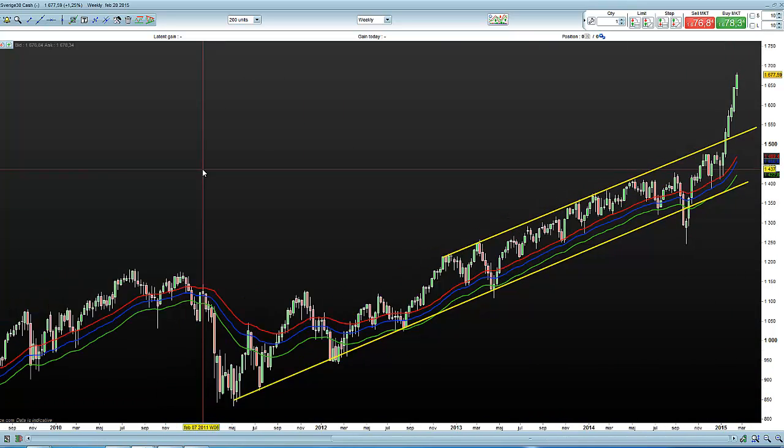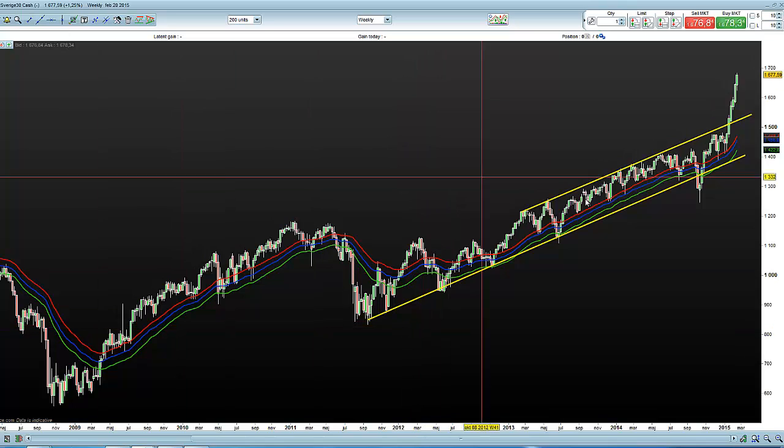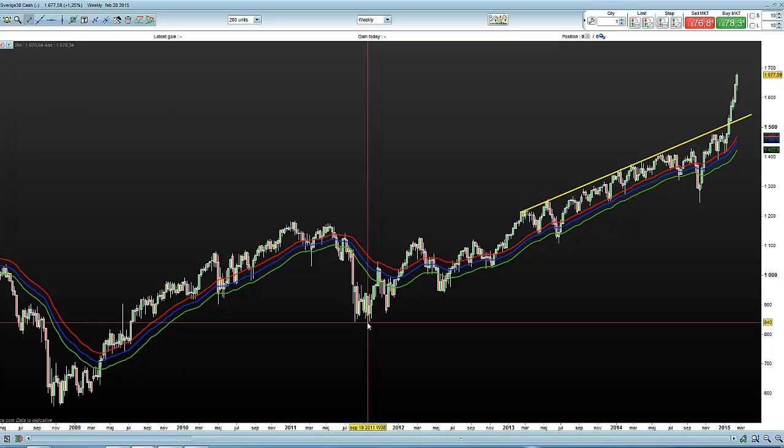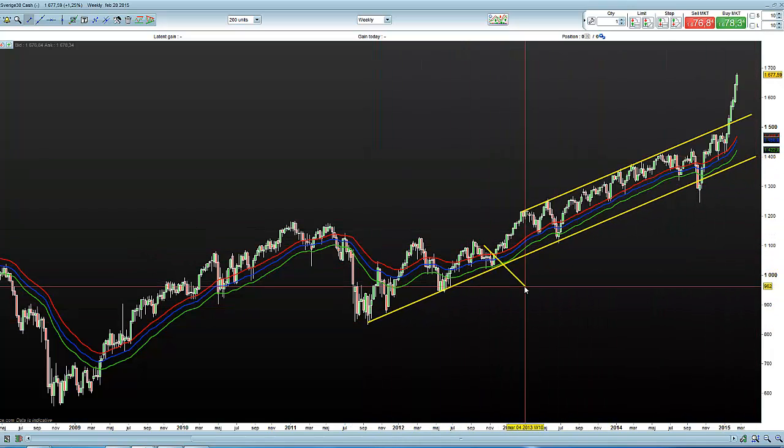And the general rule is that you need to be able to connect 2 or 3 bottoms to have a good trend line. So for this trend line, we have it when we connect this bottom to this bottom to this bottom. So from here, we have this line already. So we could have traded this with pretty good certainty.